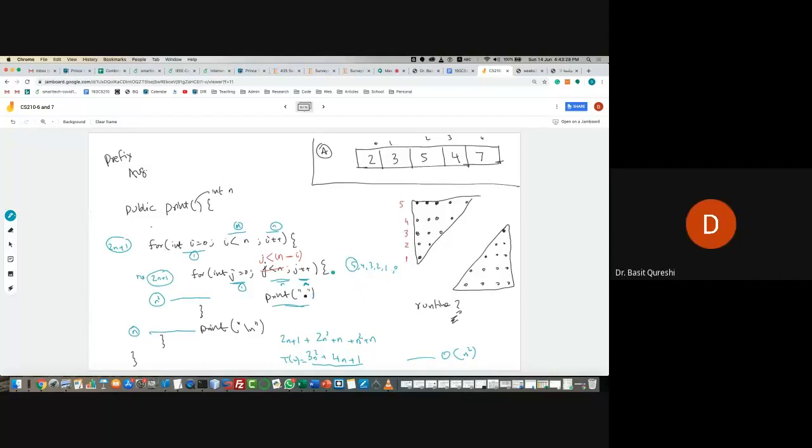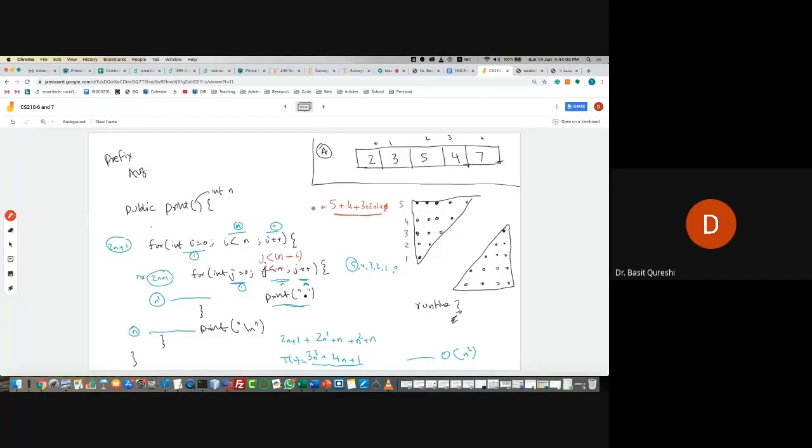Now the thing is, we can optimize this a little bit. In mathematics, if you look at this, what's happening over here is we're printing 5 dots, then we're printing 4 dots, 3 dots, 2 dots, 1 dot, and the last one is 0, and then we stop. So in mathematics, there is something called a series.